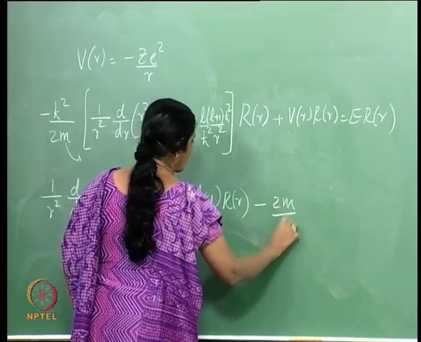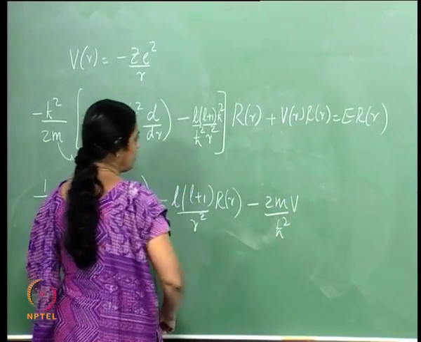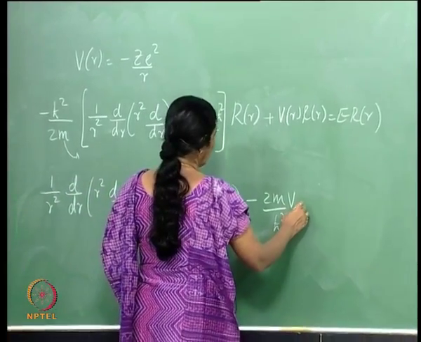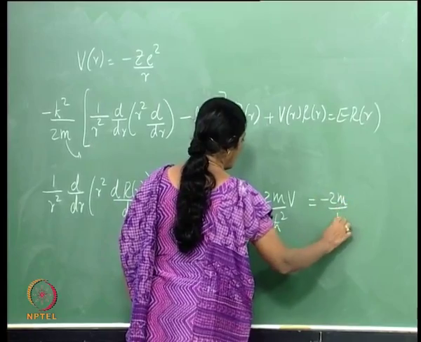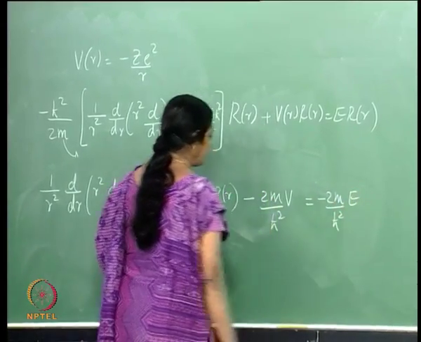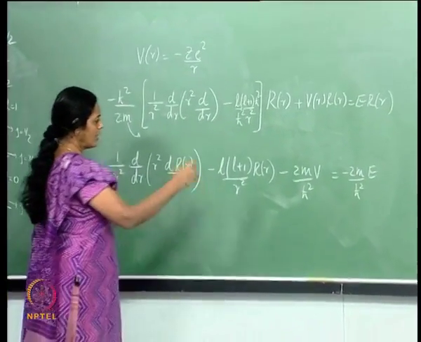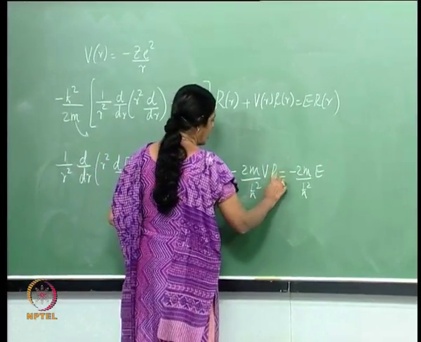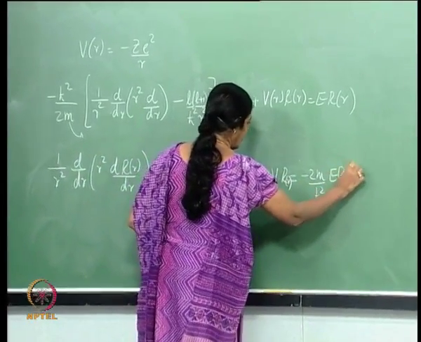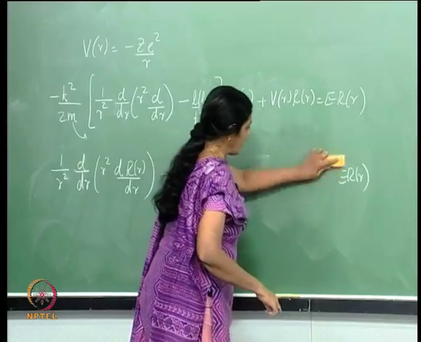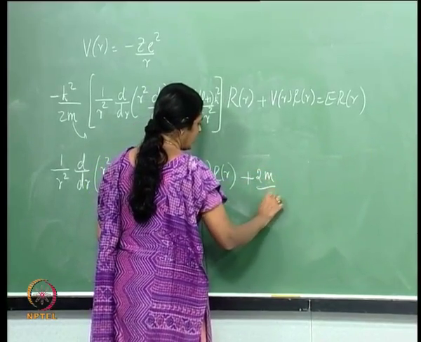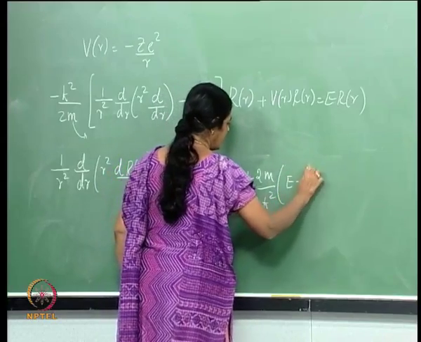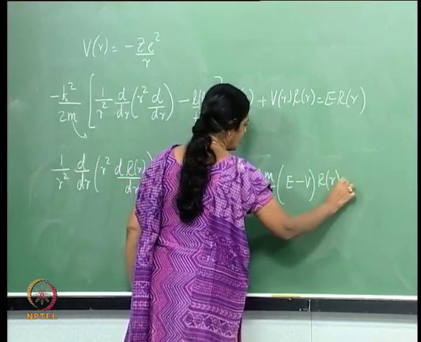Minus 2m by h-cross squared V of r equals minus 2m by h-cross squared E. So I can bring it to this side. There is an R of r here and an R of r there. So I can just write this as plus 2m by h-cross squared (E minus V) R of r equals 0.